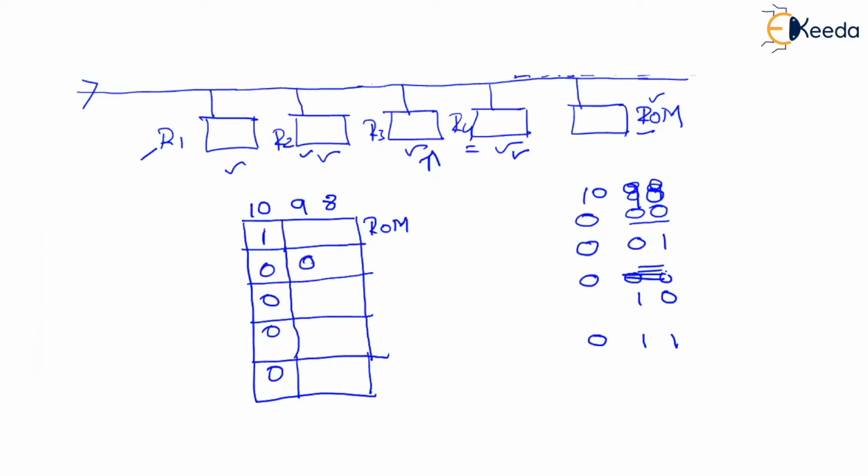If the 9 and 8 digits are 0, 0, RAM 1; 0, 1, RAM 2; 1, 0, RAM 3; 1, 1, RAM 4. This is called memory address mapping.